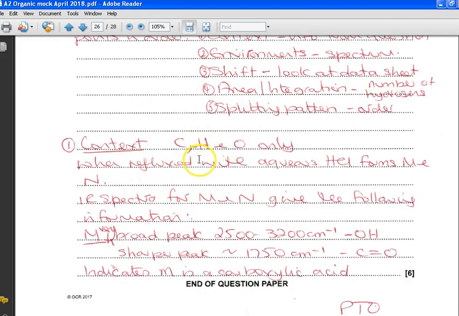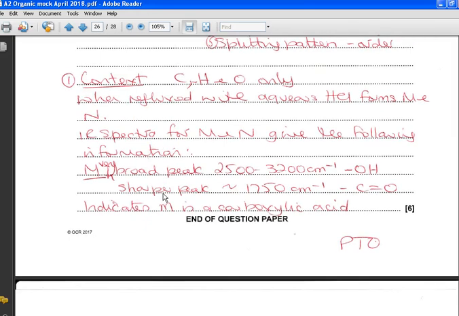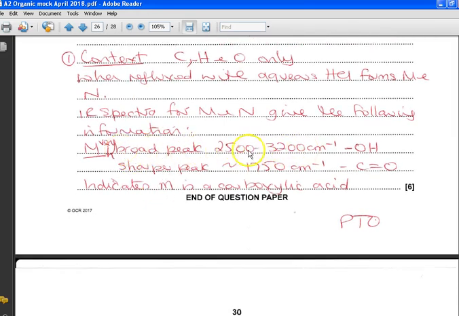So the context is that we know it's made of carbon, hydrogen and oxygen. When it's refluxed with aqueous hydrochloric acid, it forms 2 compounds, M and N, for which we have the infrared spectra. So you need to refer to those infrared spectra and be specific about the peaks.